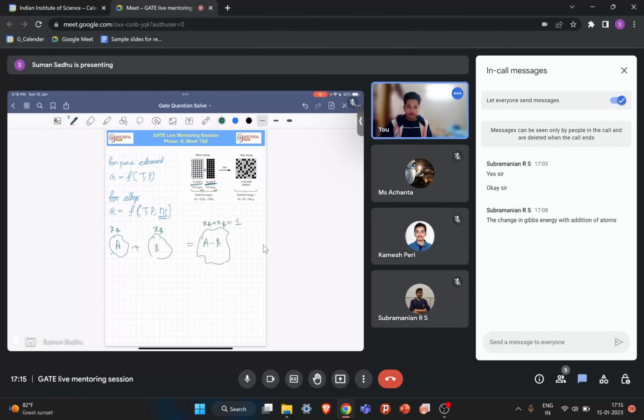Okay, so now if the molar free energy is Ga, and for this if the molar free energy is Gb, so what will be the free energy of this system? Let's first consider a physical mixture, no solution or no interaction is occurring. If it is just a simple physical mixture, what will be the total free energy of this system?